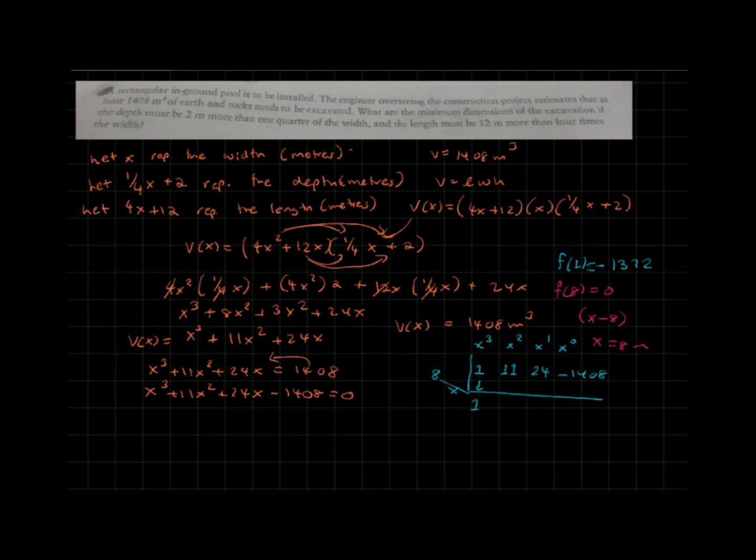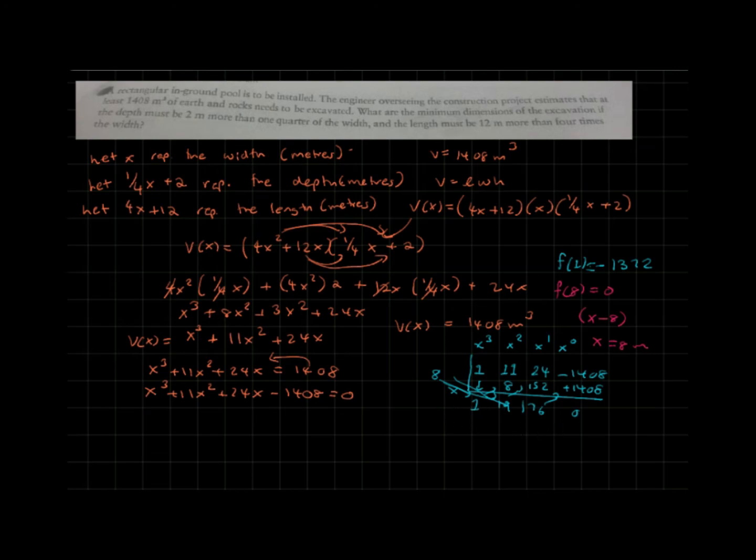So I'm going to bring down the leading coefficient, multiply it with my k value, so you get 8 here, you get 19. 8 times 19 is basically 152. Add these two together, so you get 176, and 8 times 176 is actually positive 1408. So the remainder here is 0.